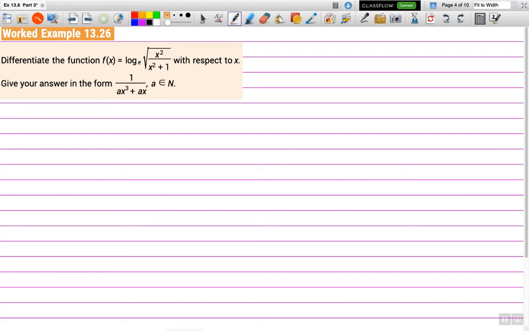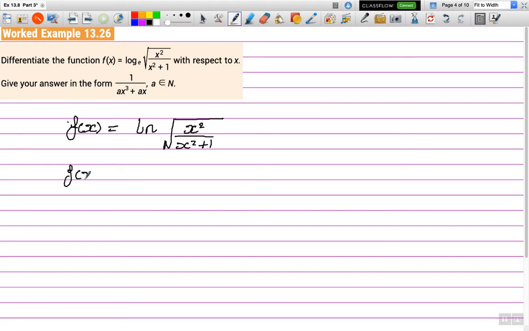Okay, so what we have is f of x is equal to the natural logarithm of the square root of x squared all over x squared plus 1.